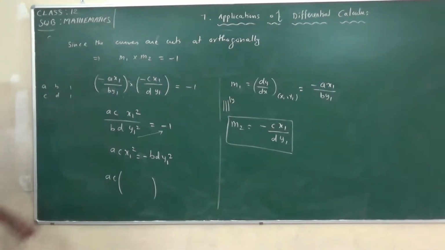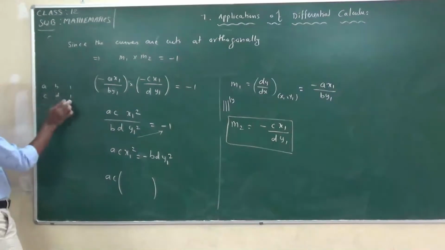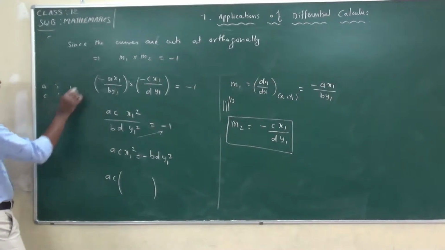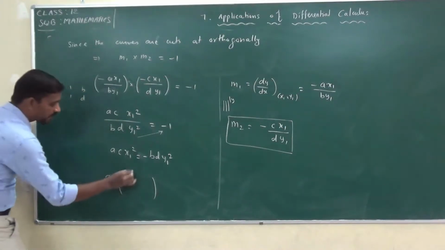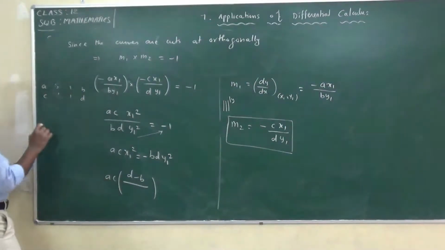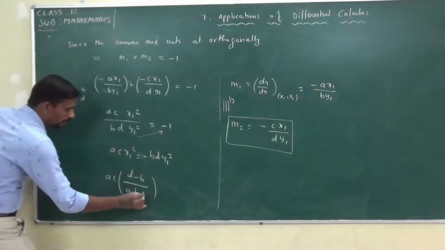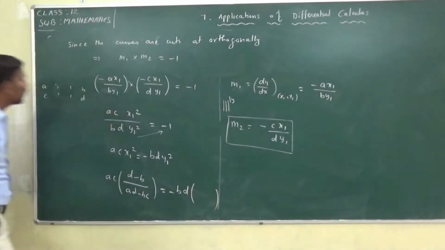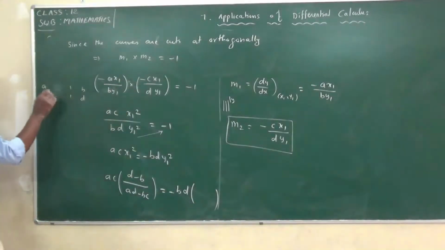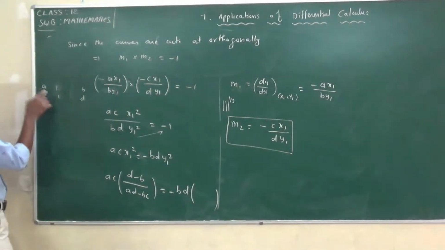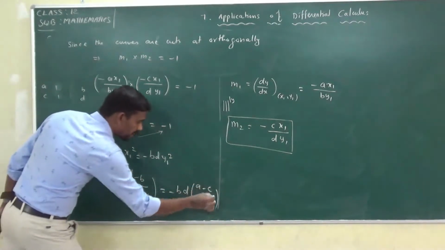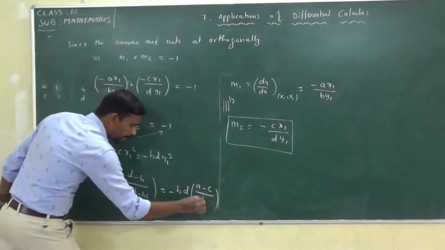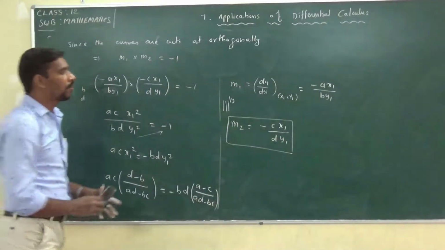The x1 square value is nothing but D minus B divided by AD minus BC. And minus bd times y1 square, where y1 square is A minus C divided by AD minus BC.